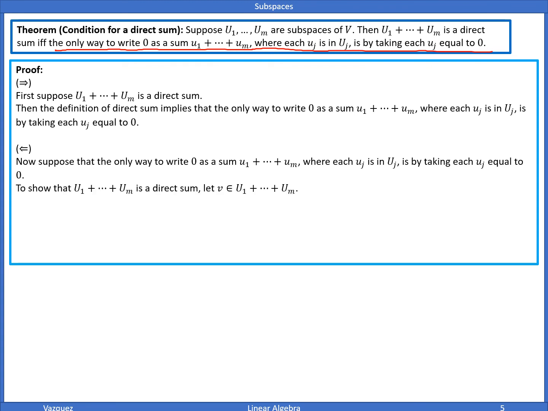So to show the sum of U1 all the way to UM is a direct sum, let a vector v be in that sum. Well, we can write v as a sum, where obviously each uj is in Uj. But we can write that vector as a sum.